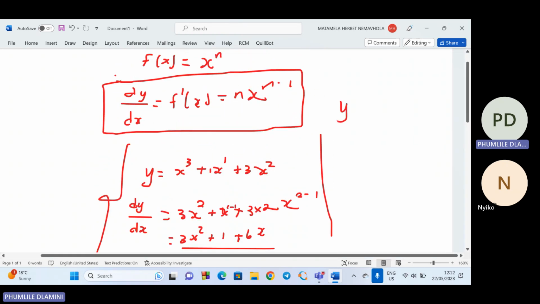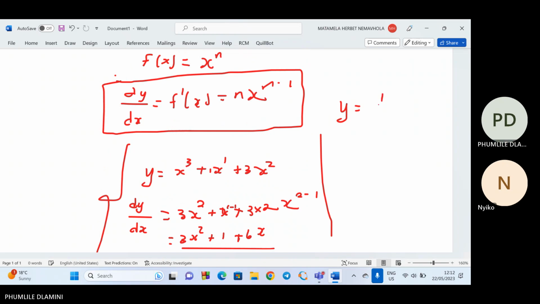Sometimes we have to differentiate y equals 1 over x. When we differentiate 1 over x, remember this is the same as x to the power negative 1, which means dy over dx is equal to negative 1, the power goes down.